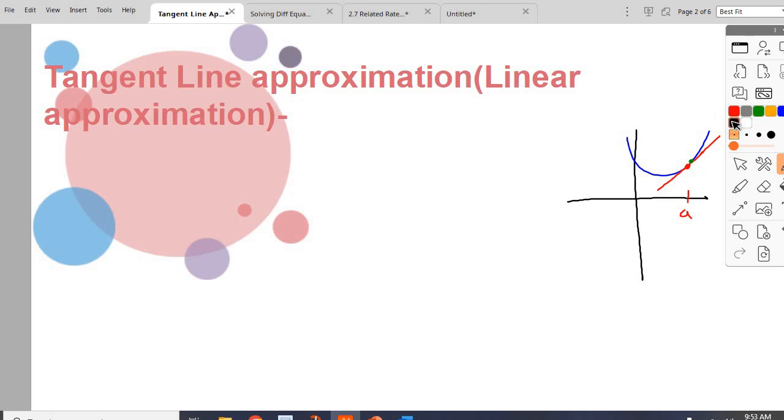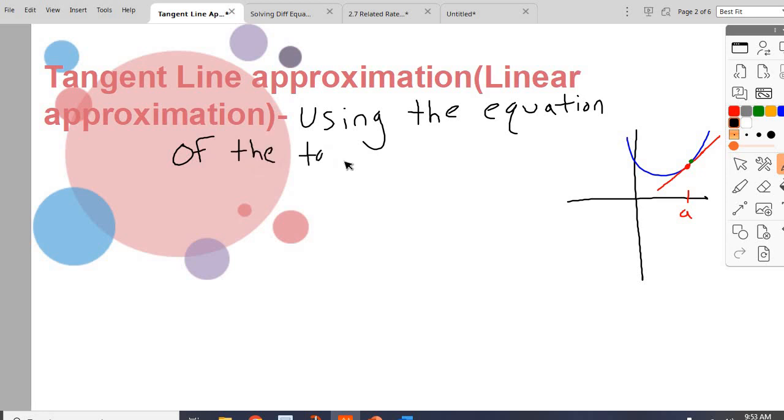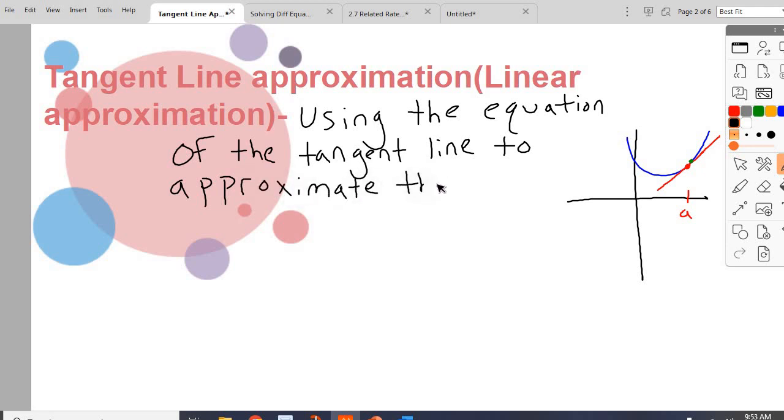So basically, a tangent line approximation is using the equation of the tangent line to approximate the function at a near value.